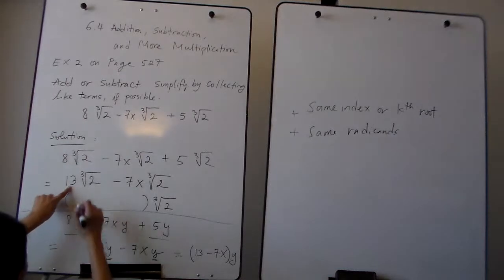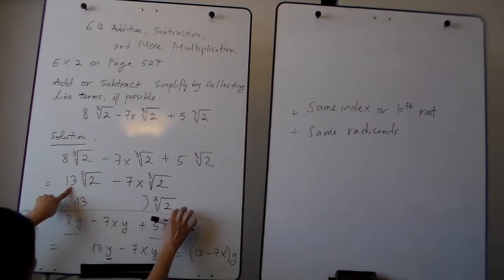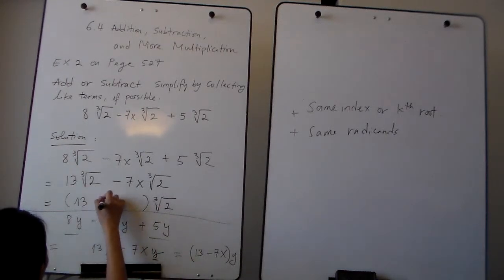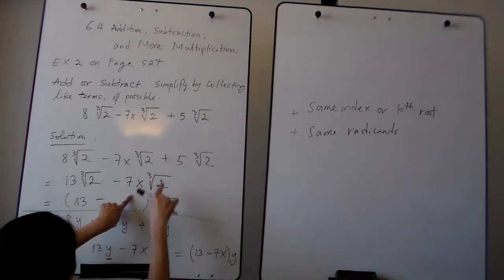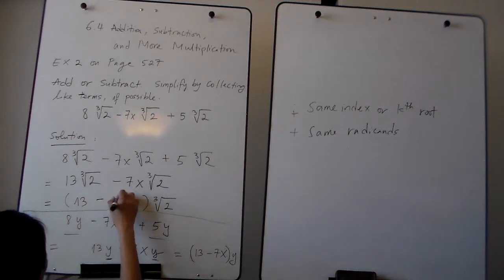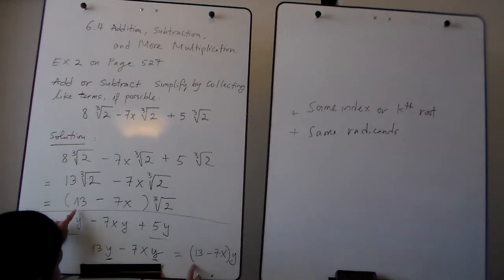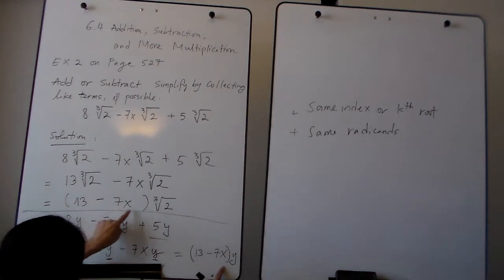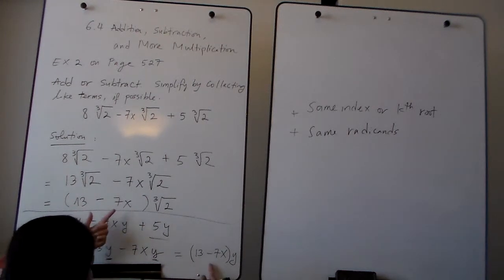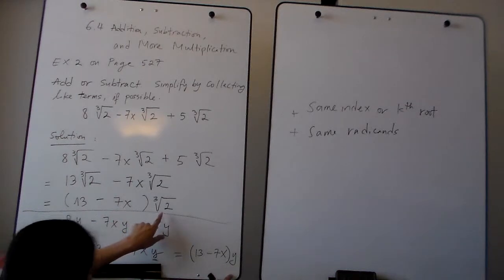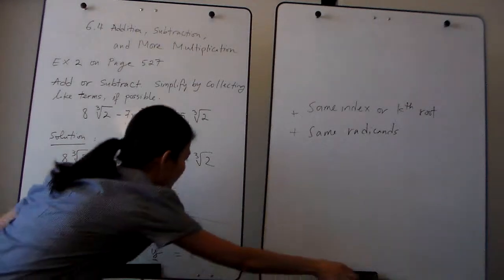The remaining is 13, because I factor out this. Subtraction goes here, and for this term, the remaining is 7x, because I factor out cube root of 2. And you see, you would have 13 minus 7x inside parentheses, and then y here plays the role of cube root of 2.